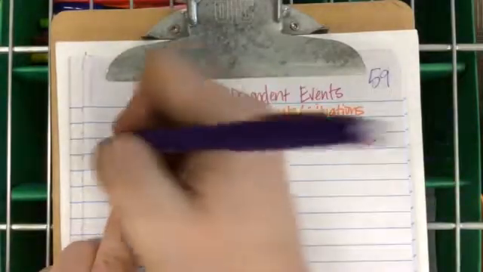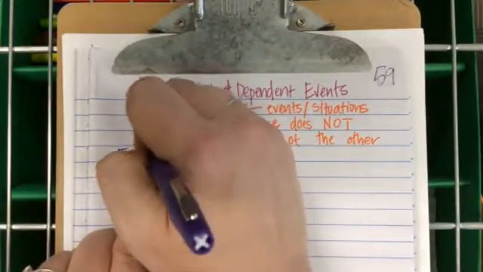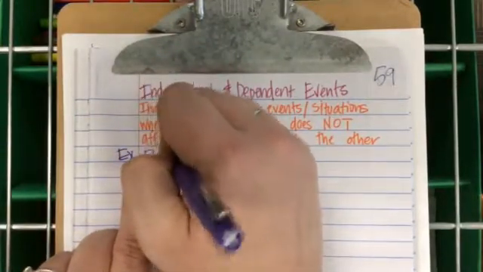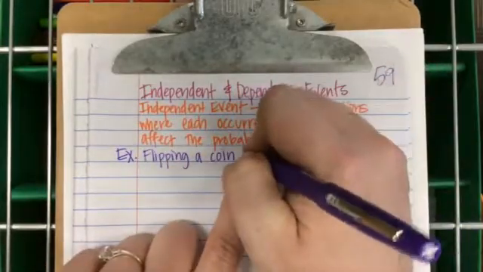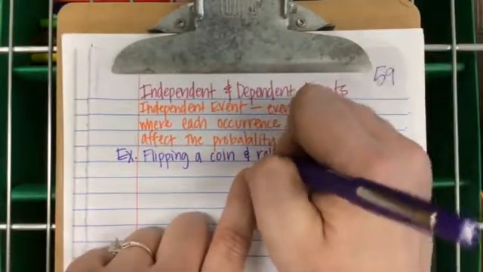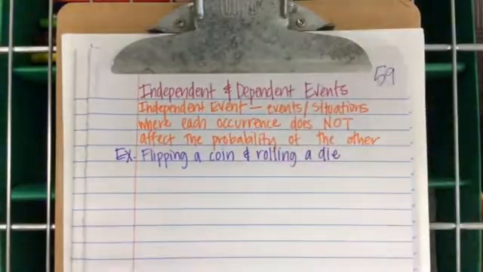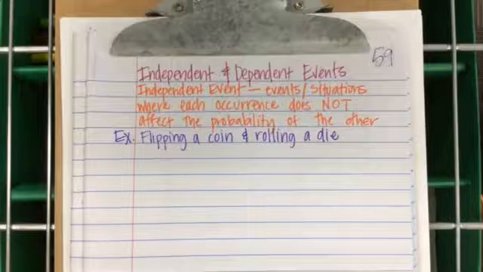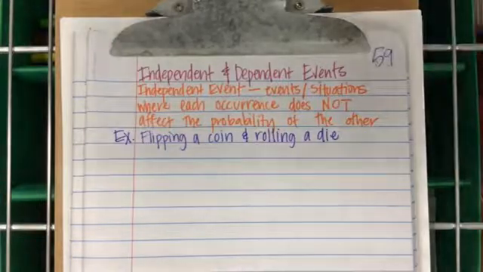So, for example, flipping a coin and rolling a die. Those are independent of each other. If I flip a coin, does that influence how my die rolls?